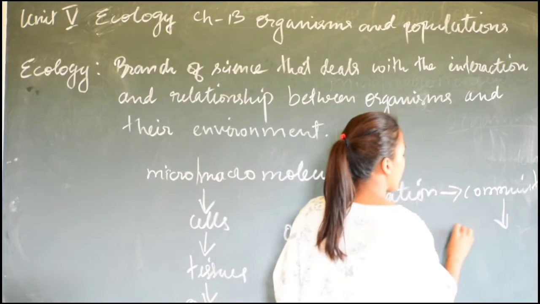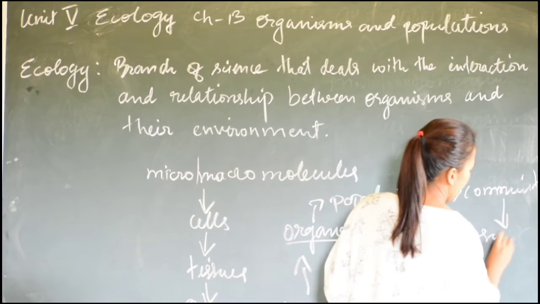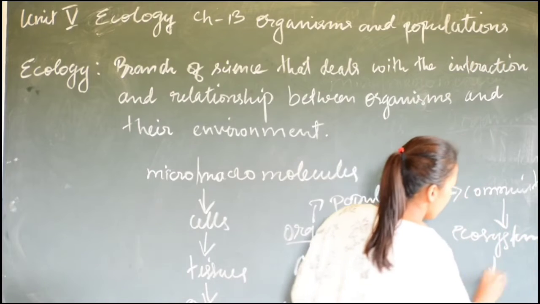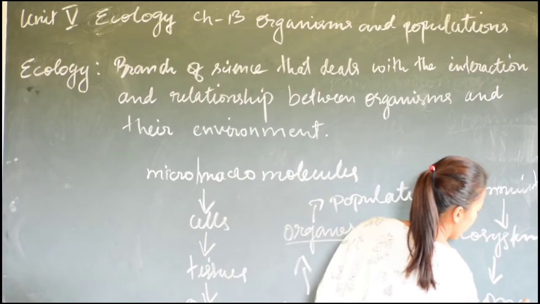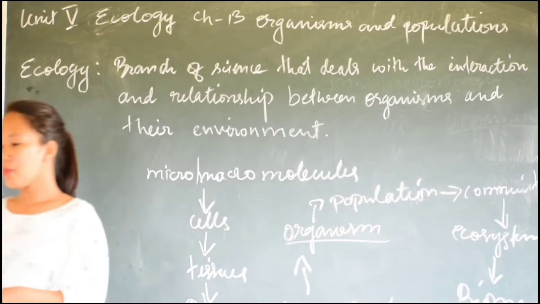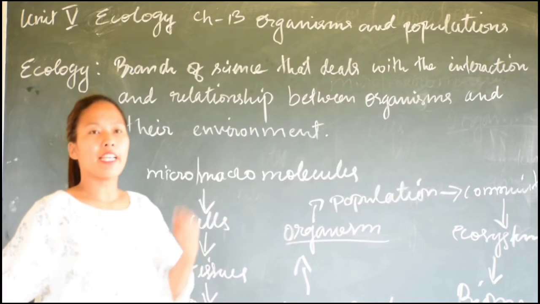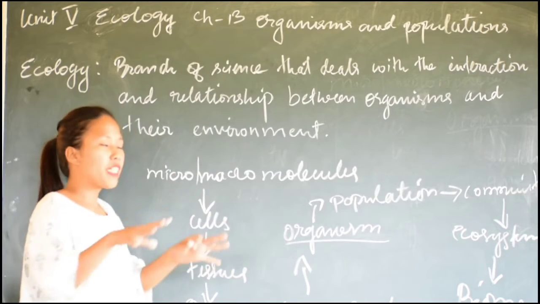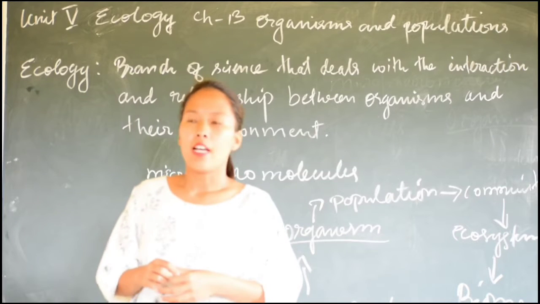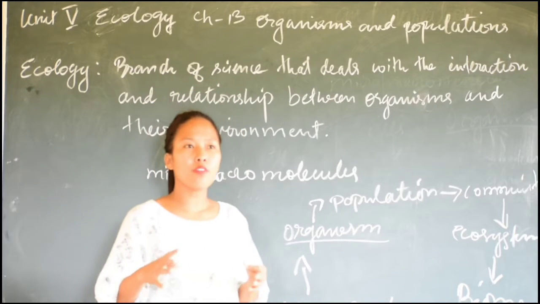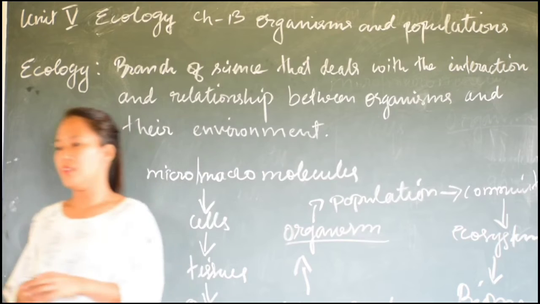Community gives rise to ecosystem, and finally biome. Biome is a large terrestrial community with specific kinds of plants and animals within a particular geographical area, and that has a particular type of climatic conditions.